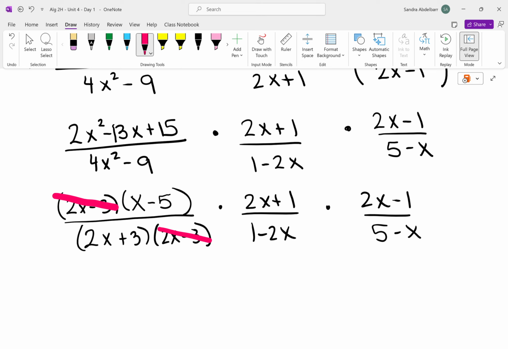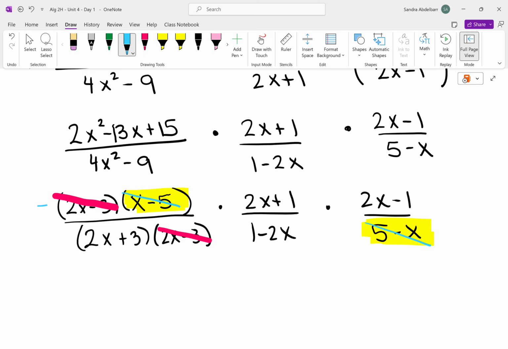So over here, I noticed the 2x minus 3 and the 2x minus 3. We can cancel those out. Then something is catching my eye here. I have an x minus 5, but then I have a 5 minus x over here. Any ideas on that? What can I do? Pull out a negative. So I'm going to put that negative right there, and then can I cancel out the x minus 5s?